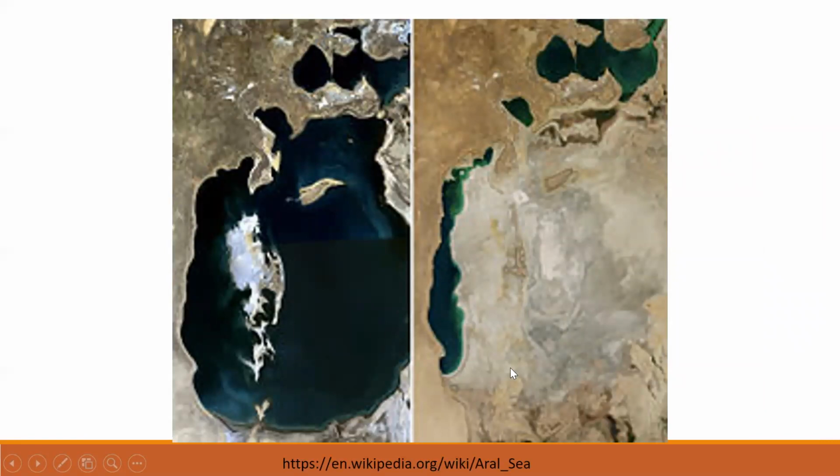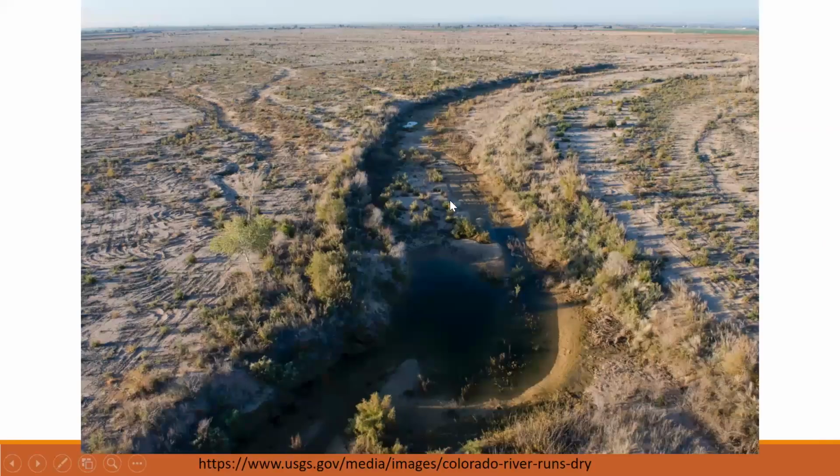Here's the Aral Sea example that I've talked about already, but this is an example of water being diverted from the Aral Sea to meet the demands of agriculture in the nearby region and actually drying up the sea. And then here's an image I mentioned before that the Colorado River does not run all the way into the ocean. And so it actually runs completely out of water now, dramatically changing this entire ecosystem in this area.